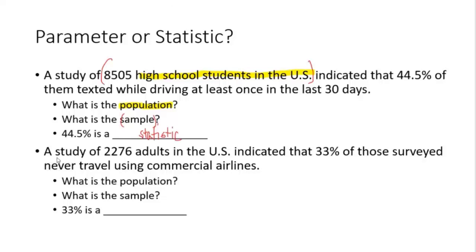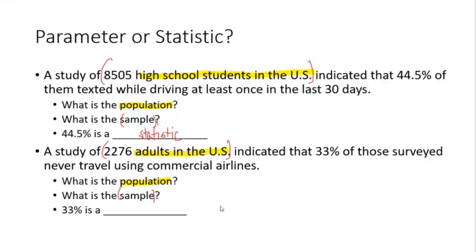In our next one, what is the population is the question as you read through. What is the group that we're studying? The study of the adults in the United States. That's my population. What is the sample? The sample are part of that population that participated. So the sample is the 2,276 adults in the United States that participated in that study.